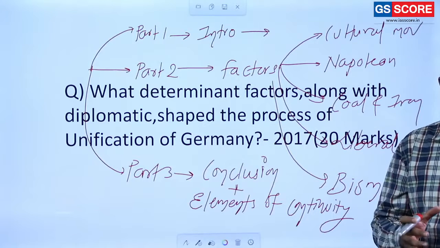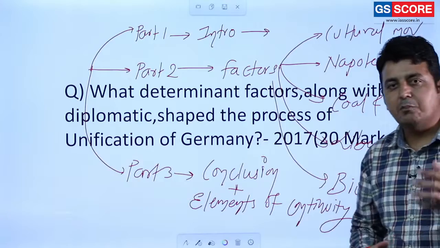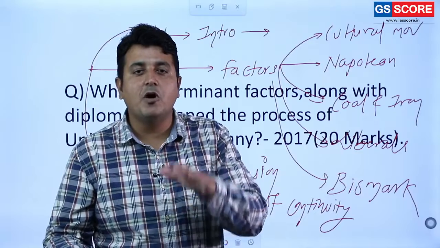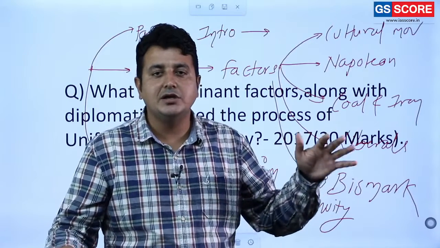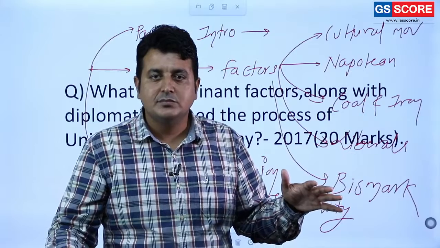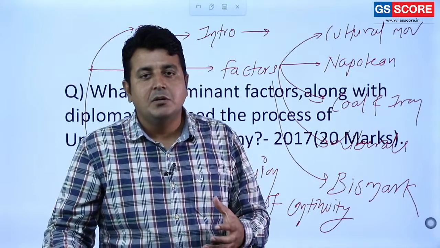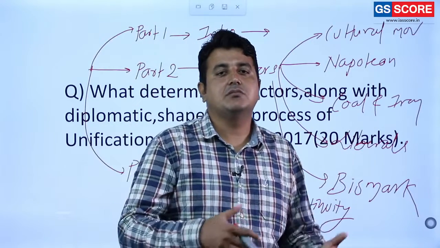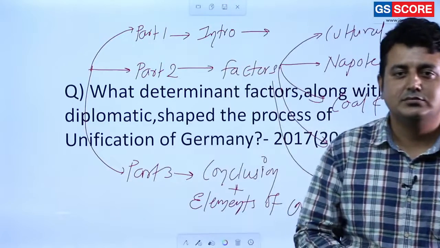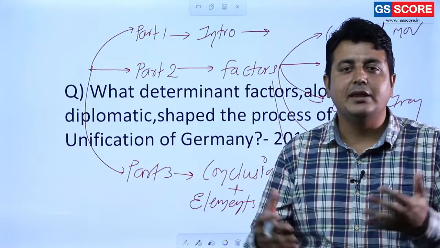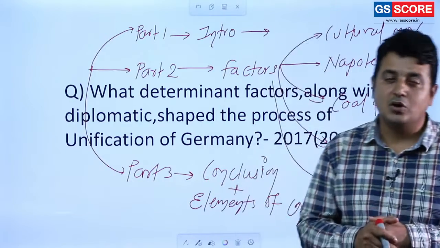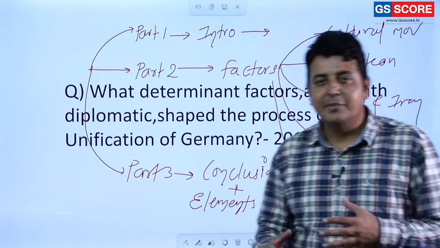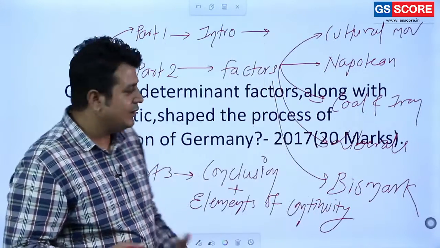It played an important role after 1871 in world politics, and Bismarck dominated the world from 1870 to 1894. His diplomatic policy led to a new system of alliances, which culminated in tension in the European continent. That should be your answer, because diplomacy is there and his diplomatic policy made the situation tense. Clear? That should be your conclusion.